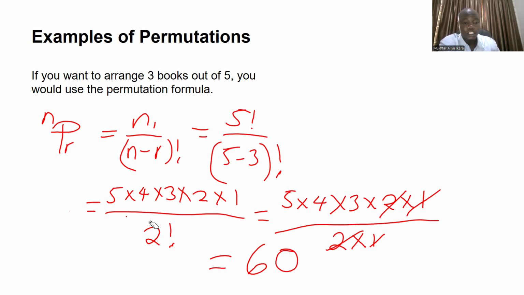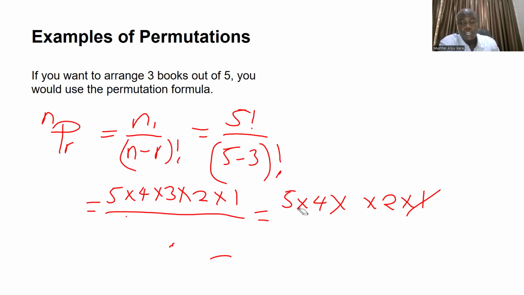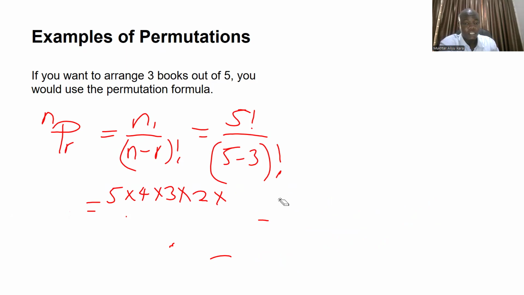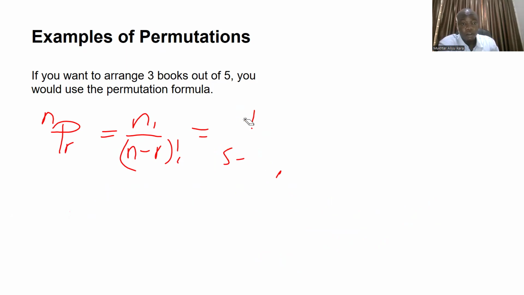We are going to see more examples. And let me tell you something very important. Apart from this formula for calculating permutation using factorials, we also have a formula for calculating permutation when there is repetition of a letter or repetition of an object.